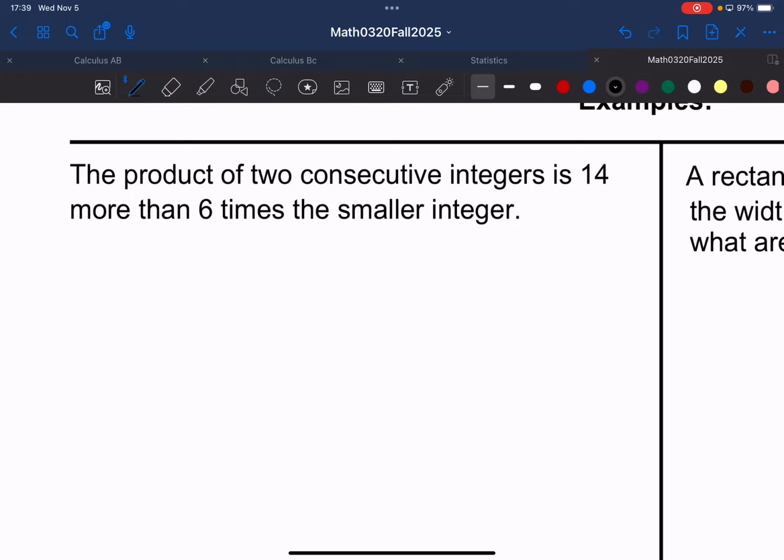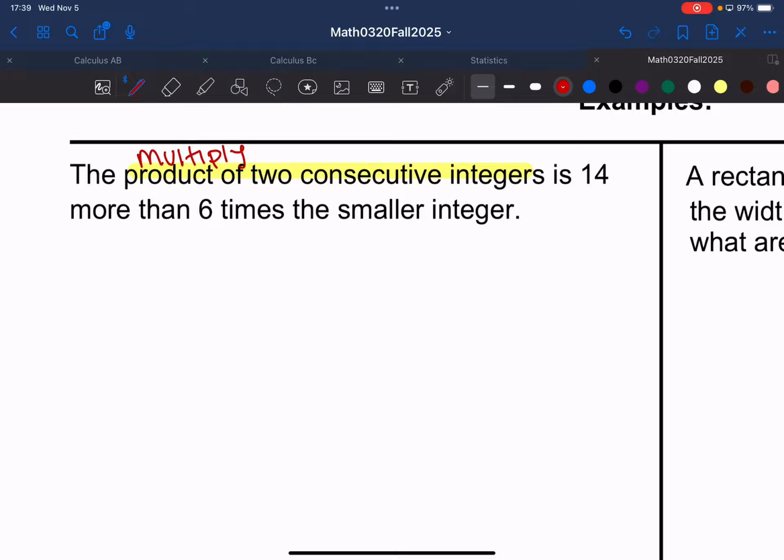So it says the product of two consecutive integers. So first, we have to identify what it means by the product. So what would we be doing with those two integers? Not multiplying, right? So the product means to multiply. And then what does it mean to be consecutive?